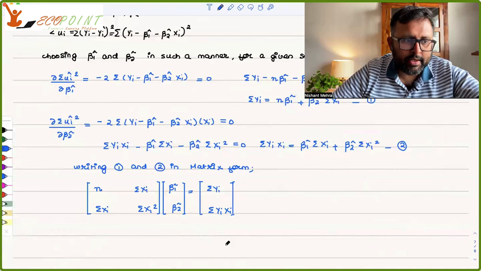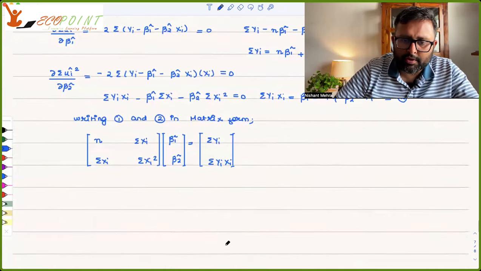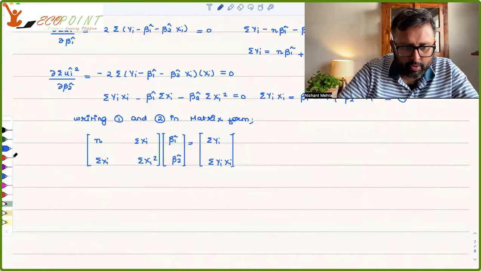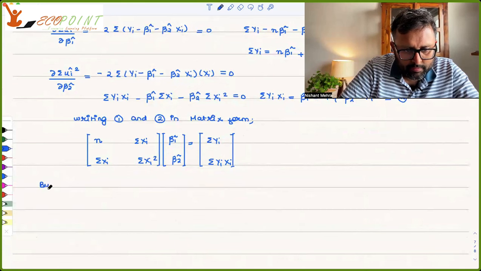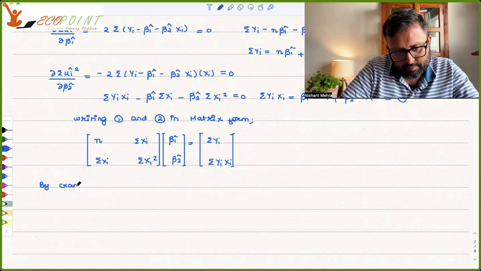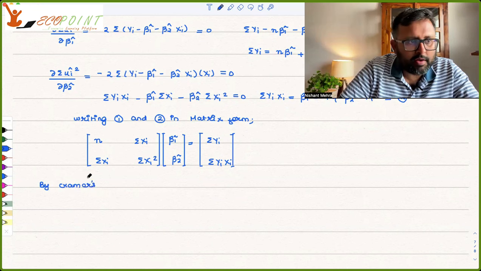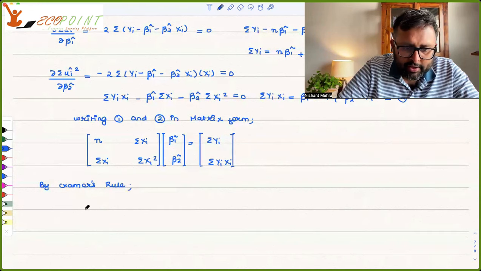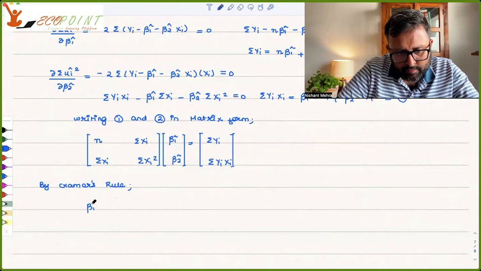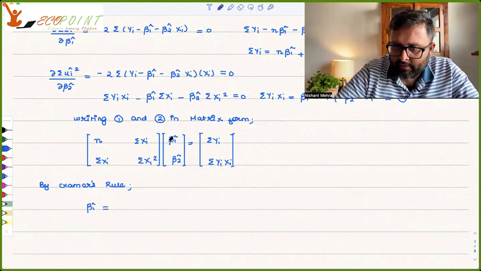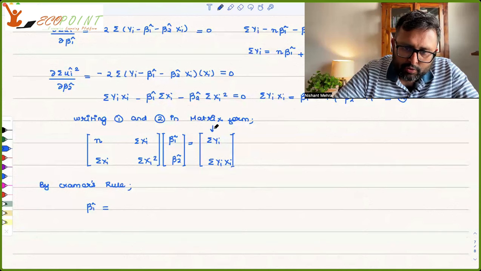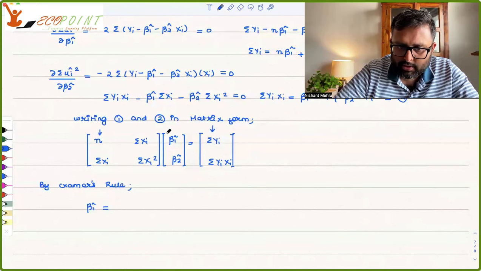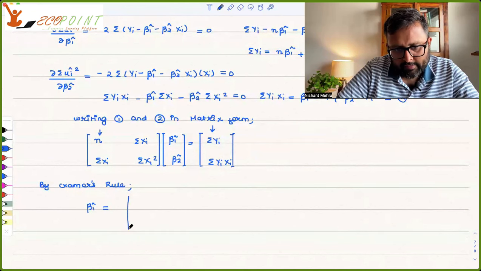Summation of yi xi. So I hope you know, using Cramer's rule, I can get the values for beta 1 hat and beta 2 hat. I'll do it slowly, so please have a look at this. By Cramer's rule, I want to find the value of beta 1 hat first. So I'll substitute this column onto this column, right?